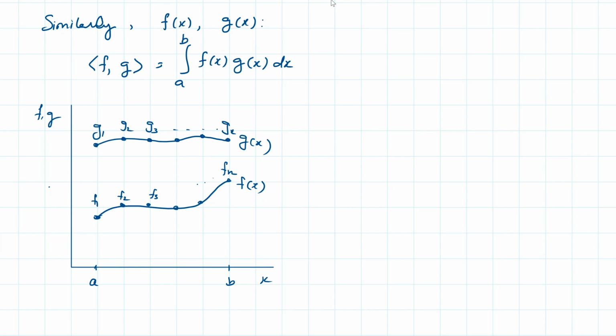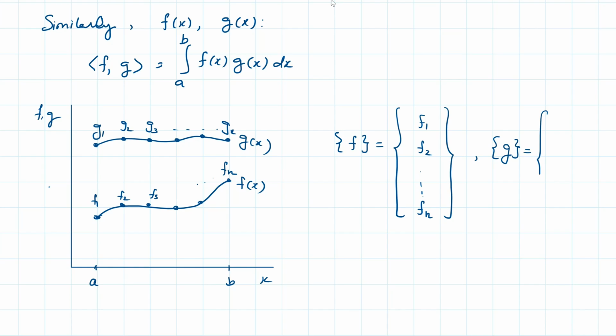I can write these discretized values as a vector for each function. Similarly for g, it contains values from g1, g2 all the way up to gn. Note that the interval for the discretization is delta x.